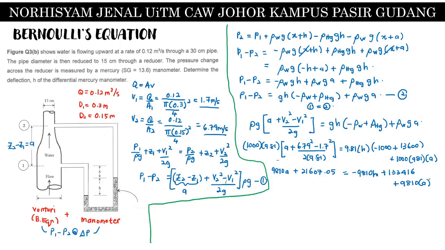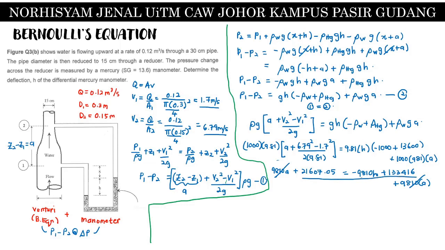Since we don't know what is a, however we have a on both sides with the same amount, it means that this a will cancel out this a, so we can just cancel this out, okay, and then we end up with this equation here.